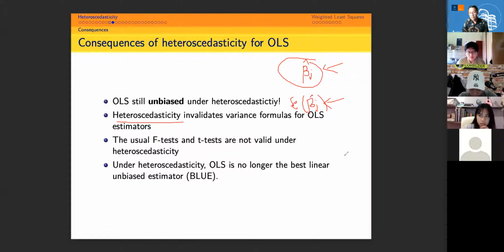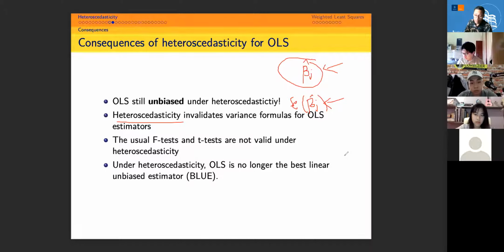If the standard error is not valid, the consequence is that the t-test and the f-test are not valid. Valid here doesn't mean that you technically cannot use it. You can still use it for hypothesis testing, but if your t-test is wrong and your f-test is wrong, then your statistical test is also going to be wrong, and you may get some type of error in the hypothesis testing.